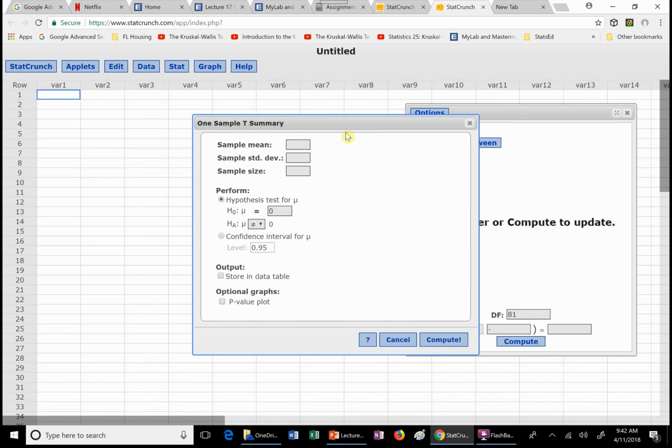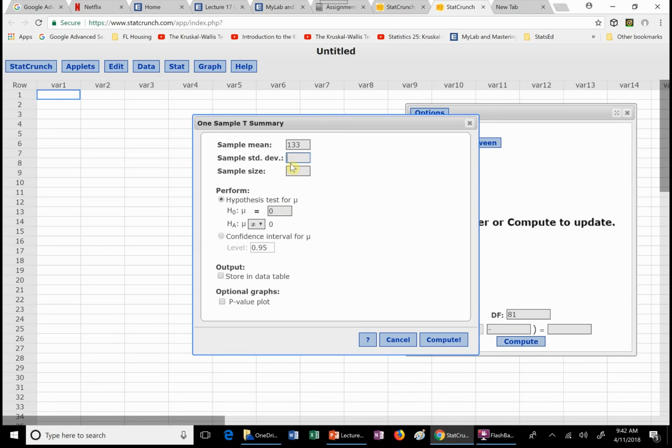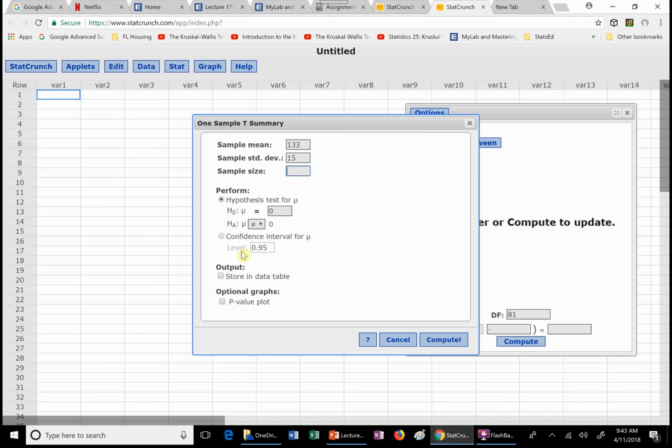In other words, I'm told what the sample mean is and all of that, right? So I'm told the sample mean, X bar, is 133. I'm told the sample standard deviation is 15, and 43 is the sample size.